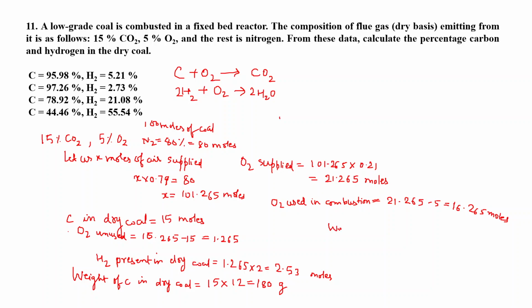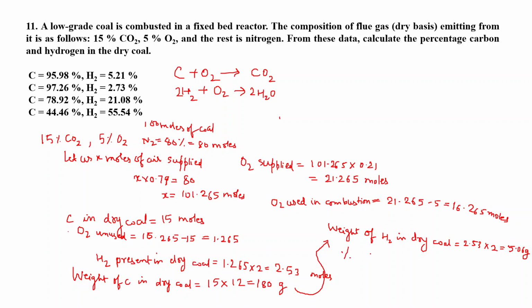The weight of hydrogen in dry coal will be 2.53 into 2, that is the molecular weight of H2, which will give 5.06 grams. So what we have to calculate in the question is the percentage of carbon and hydrogen in dry coal.